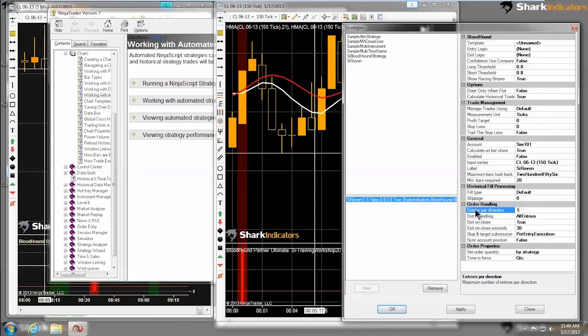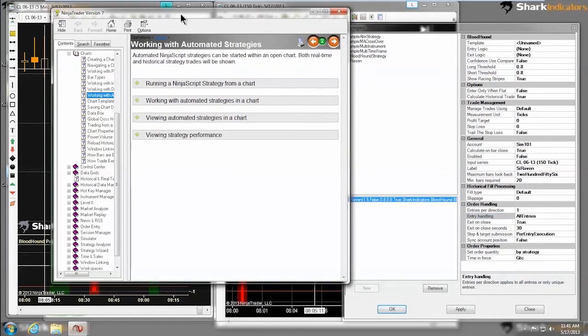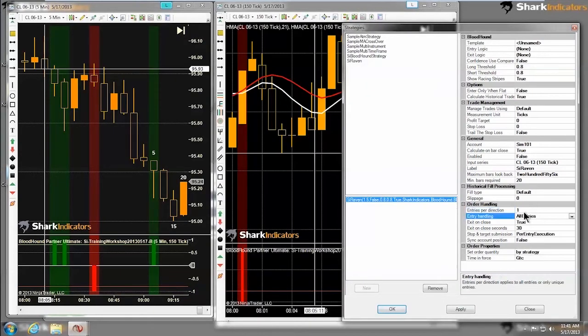So this is the default settings where entries per direction is set to 1 and entry handling is set to all entries. With these two set as such, when we get this long signal here on the 5-minute chart, you'll be put long once, and essentially NinjaTrader would ignore the second long signal here.